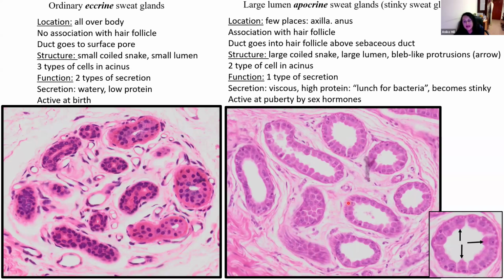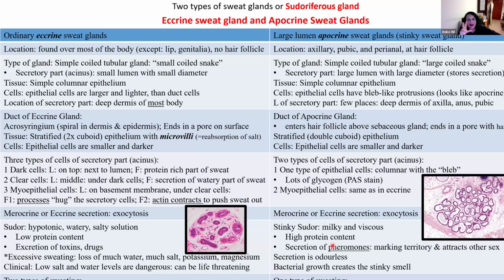And these guys, as we covered earlier, maybe we didn't, anyway, they also wake up at puberty by the sex hormones. Oh yeah, because what we did was the sebaceous glands also woke up at puberty by sex hormones. So they wake up at the same time. Okay. So if you like tables, everything is written here for you, okay?